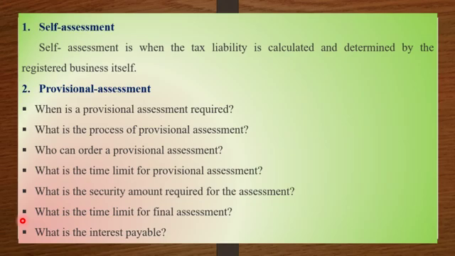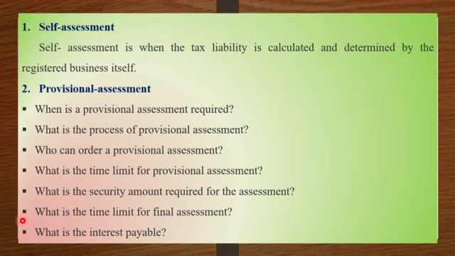However, the period of 6 months can be increased by another 6 months by the joint commissioner or additional commissioner. Moreover, the commissioner himself can extend the period further by up to 4 years. Thus, a provisional assessment can continue for up to 5 years.